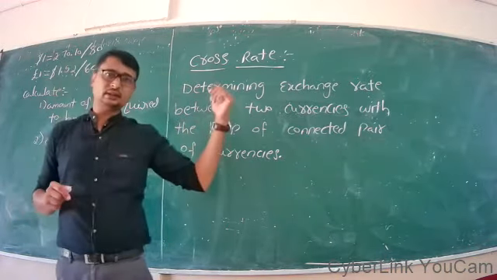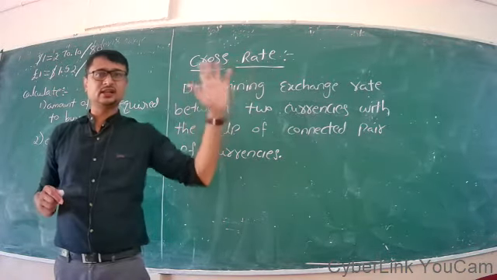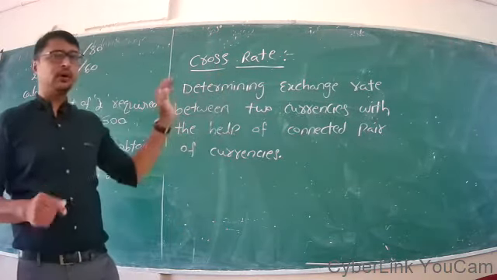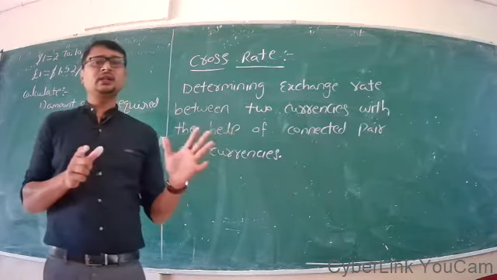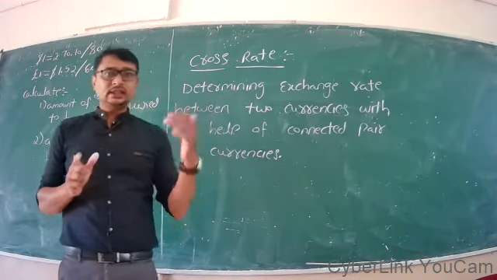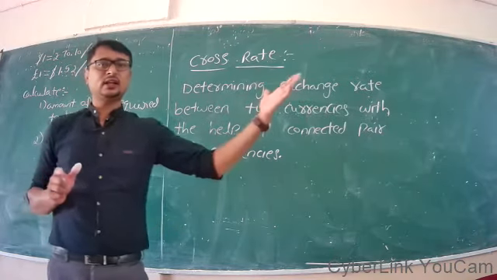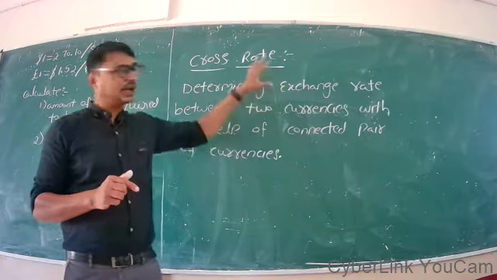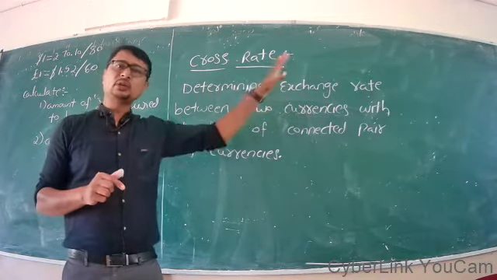In the earlier example, it is two currencies, INR and GBP: 1 GBP is equal to INR 91.8, right? So it is determining the exchange rate between two currencies with the help of a connected pair of currencies. Connected pair of currencies in the sense INR per USD, USD per GBP.